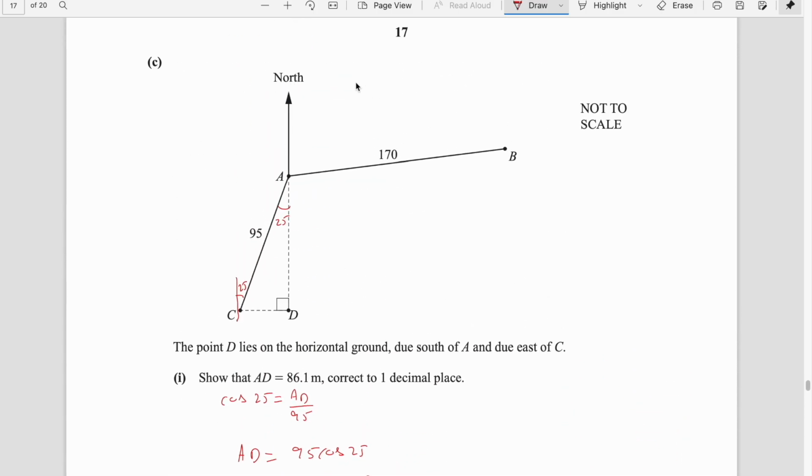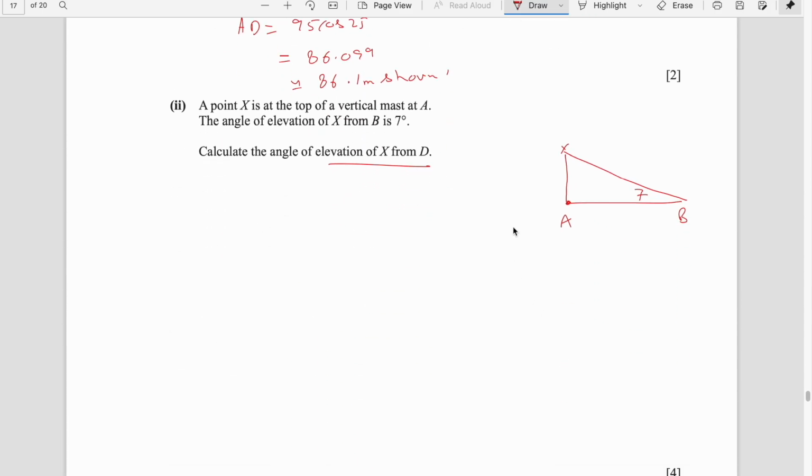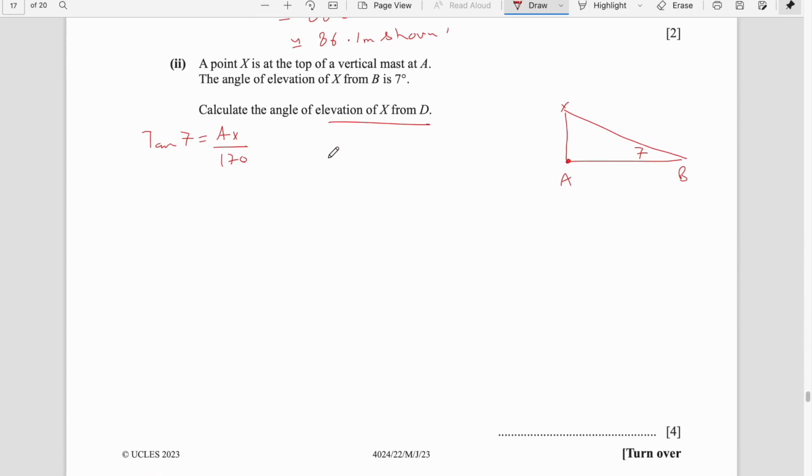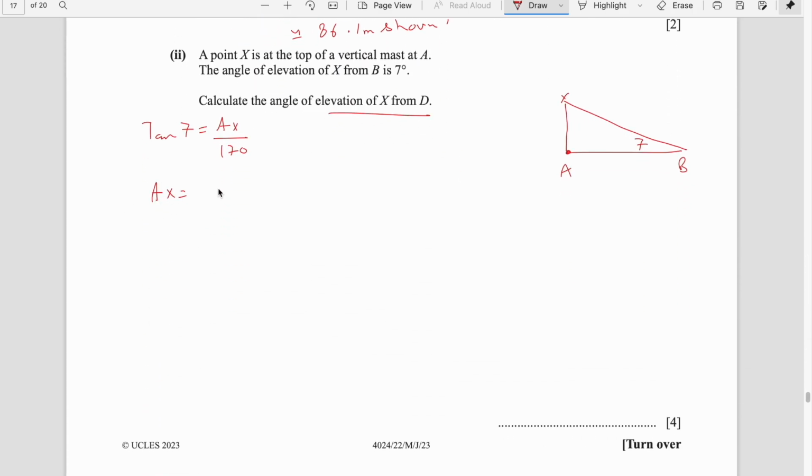So first I'll find the height AX. And then we'll continue with that triangle. So tan of 7 is perpendicular AX over base, which is 170. AB was 170. So AX is equal to 170 tan of 7, that is 20.87 meters.